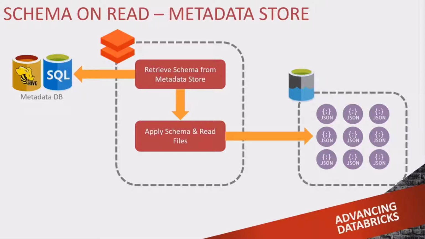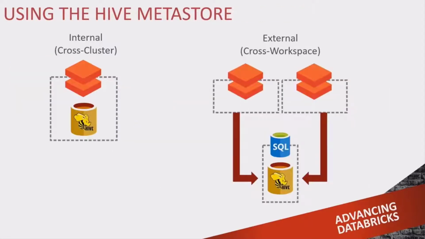You can just have JSON files sitting in blob storage that just describe your files. Essentially, take your metadata, store it somewhere, and then you can use that saying, I'm trying to read this data set, what should it look like, and then bring the two together. Okay, so that's quite a common problem when you're first starting to work with a lake. Get your metadata, put it somewhere. Simple as that.